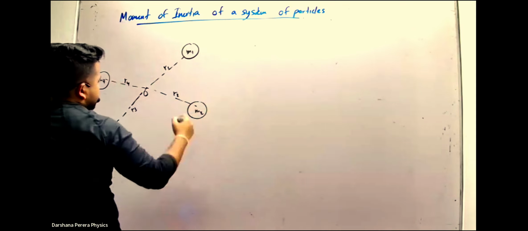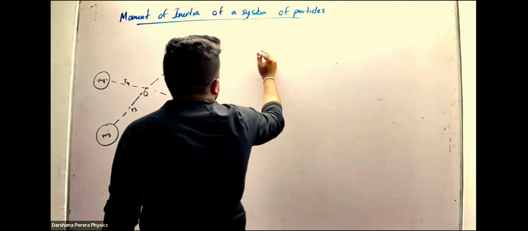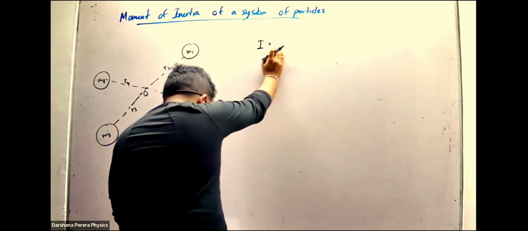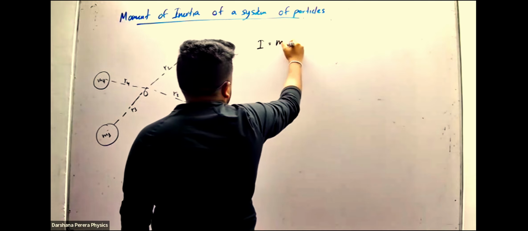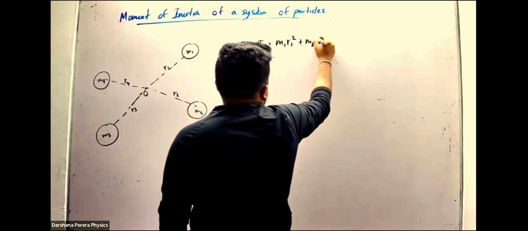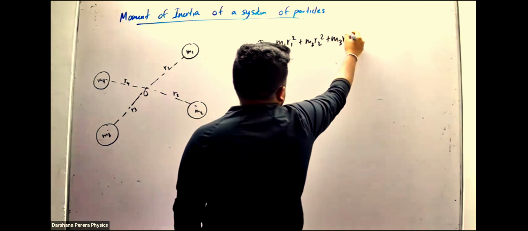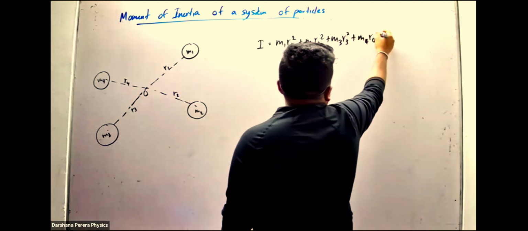When it rotates, we can simply say I equals m1 r1 square plus m2 r2 square plus m3 r3 square plus m4 r4 square.